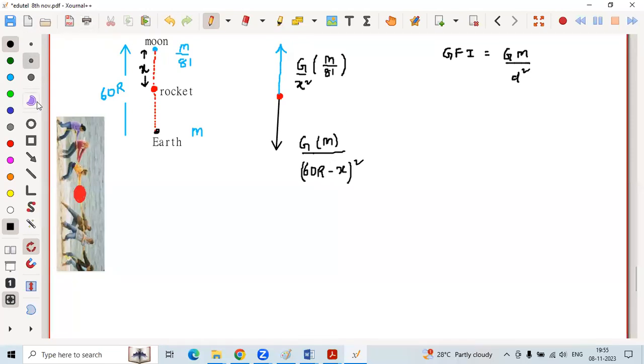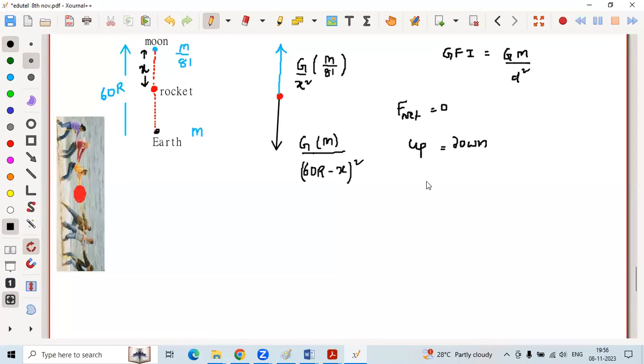Net force is 0. What is the meaning of that? Upward force equal to downward force. That is net field equal to 0. Here I want net force equal to 0, to find net field equal to 0, meaning upward force is equal to downward force.